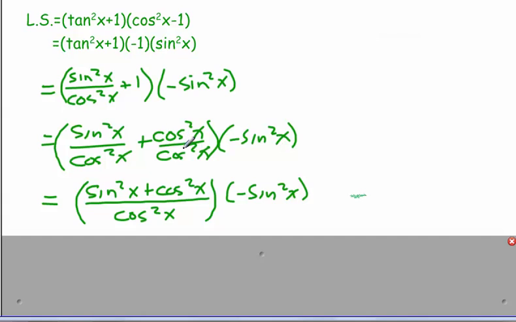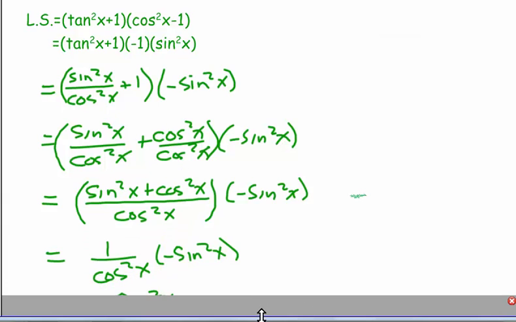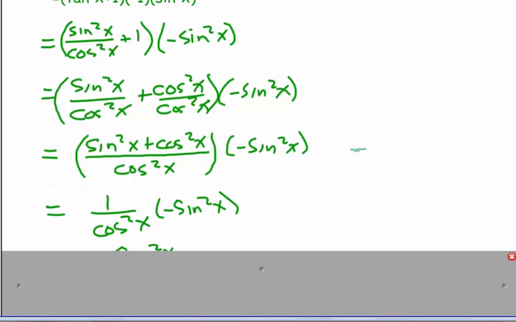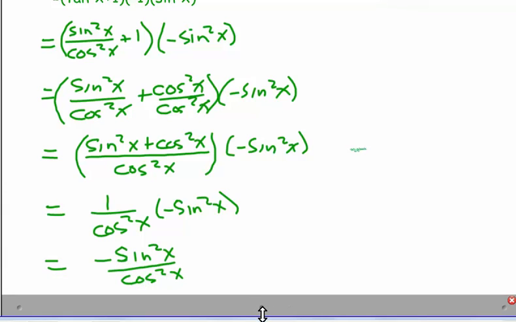1 is simply cos squared divided by cos squared. Once I've established a common denominator, I can add my numerators. And the numerators in this case happen to be sine squared plus cos squared, which of course is the number 1. And in the end, we end up at exactly the same spot, which we know from before.